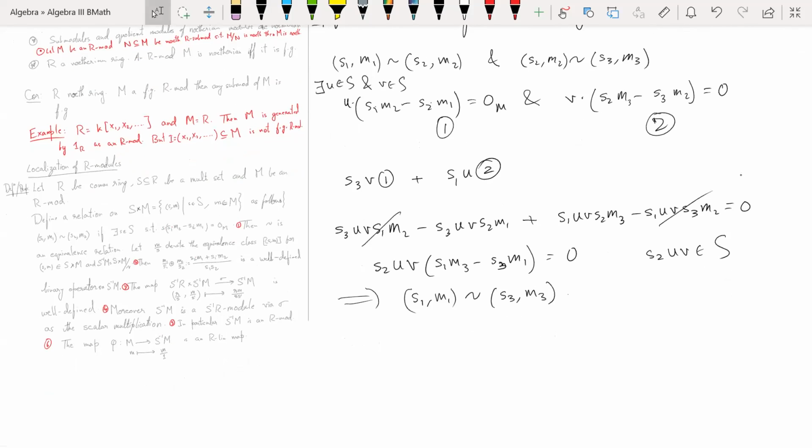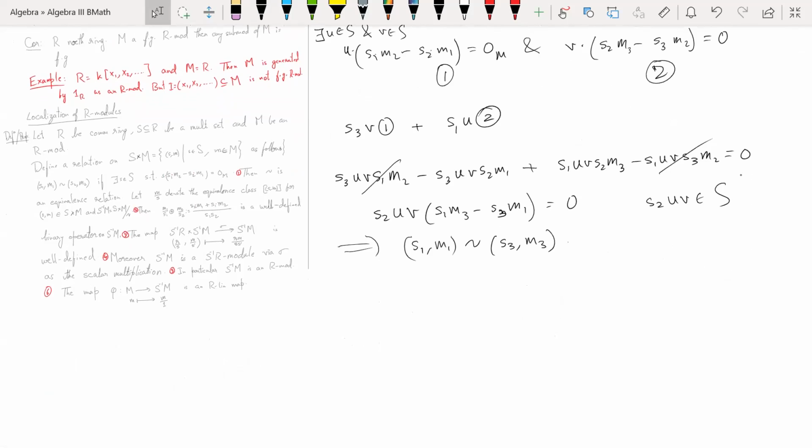Maybe the plus we already had checked, so it is well defined. And scalar multiplication, so maybe 2 and 3 are the same as the ring case. You can in fact copy down the same proof with M replaced by R essentially.